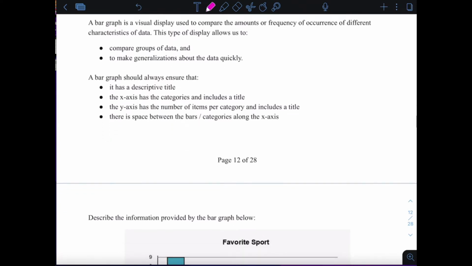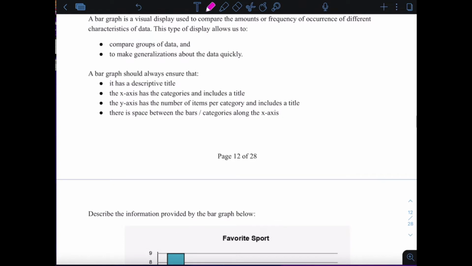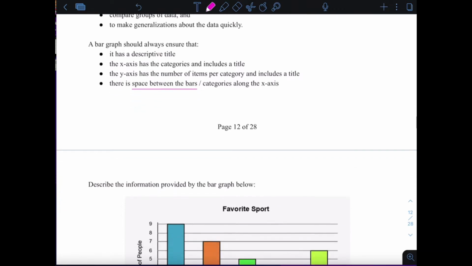Again, you're going to want a descriptive title. You're going to want the x-axis with categories that include the title, but the y-axis ends up being the numbers per category, okay? This doesn't seem important, but there should be space between the bars. This is what distinguishes a bar graph from a histogram, which we're going to learn about later.